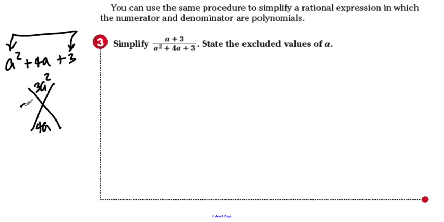And that's obviously going to be 3a and simply a. 3 times 1 will give you 3, and 3 plus 1 will give you 4. So you notice, since the coefficient is 1, the factored form of a squared plus 4a plus 3 would be a plus 3 and a plus 1.